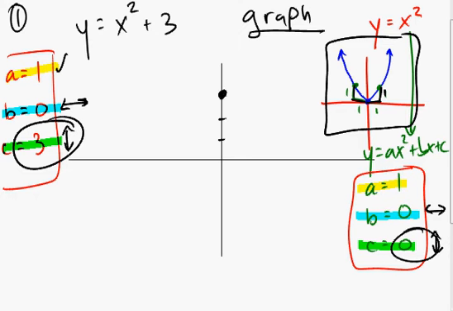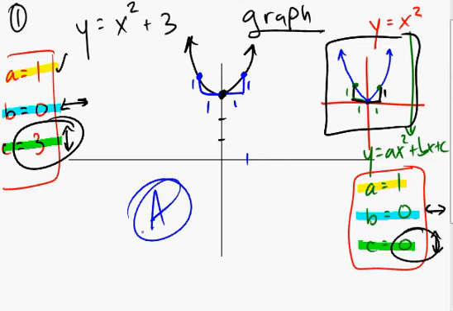Right there. Over 1, up 1 is the shape. Okay? So if you knew that much, then you answer this question right, and you select choice A. All right? Any questions about that? Okay.